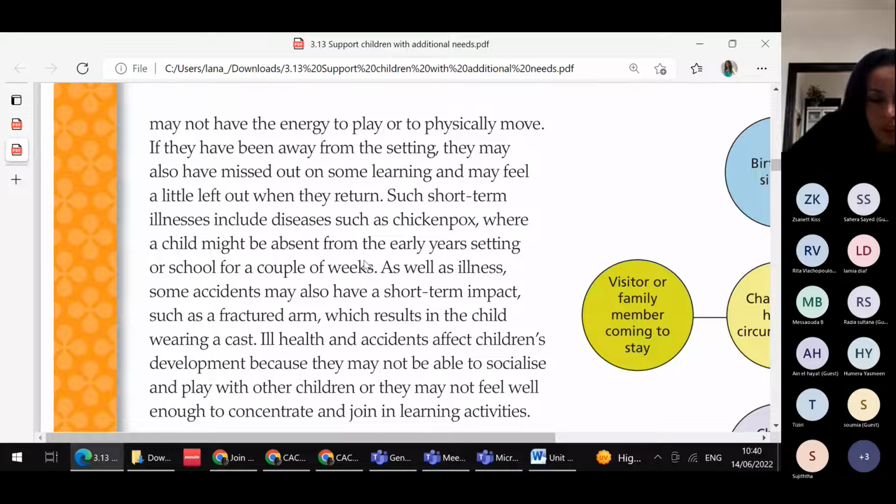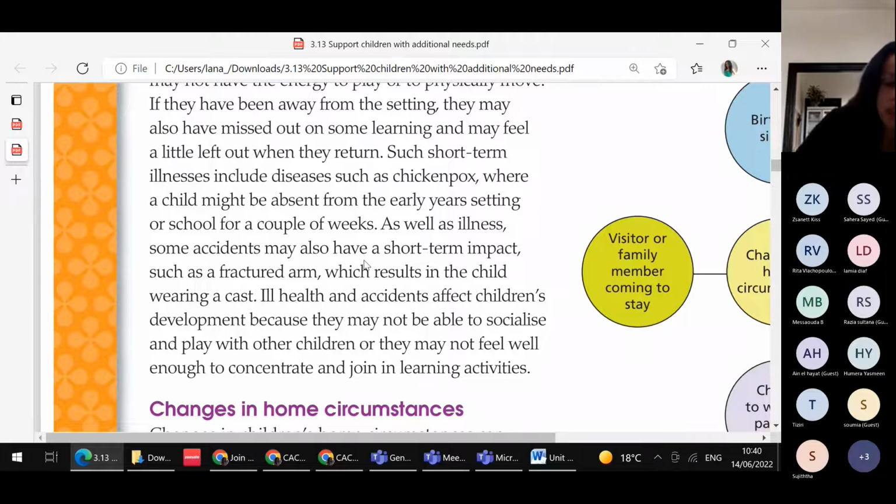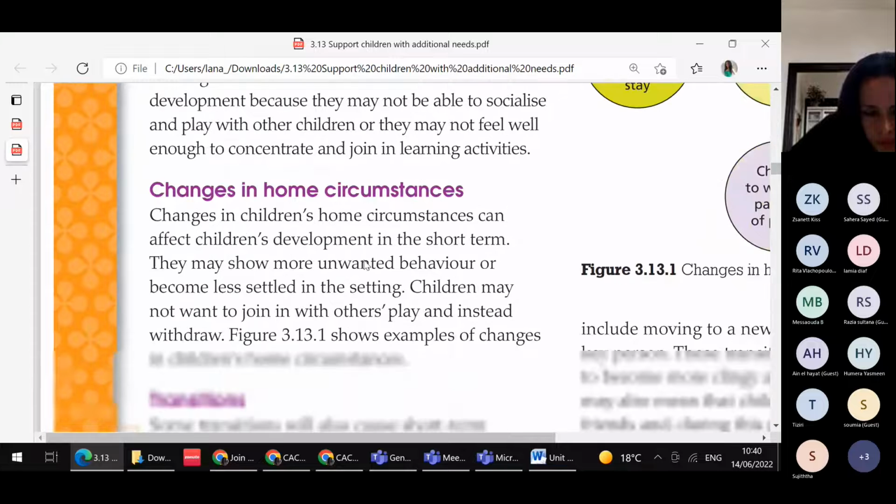So all this would affect the child. Also the socializing, because he wouldn't be seeing children for a while. So when he goes back, he will be a bit shy. He wouldn't be able to straight away start building relationships. So all this might affect the child in the short term. If they feel unwell, even their concentration, they wouldn't be able to concentrate like others. They wouldn't be able to join activities. All this would affect the child.